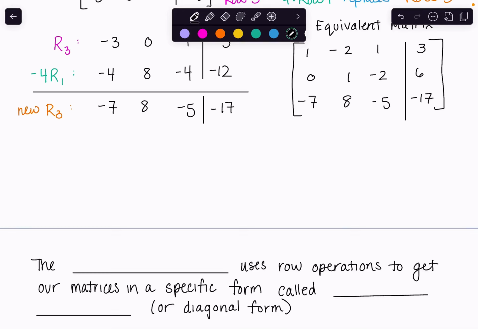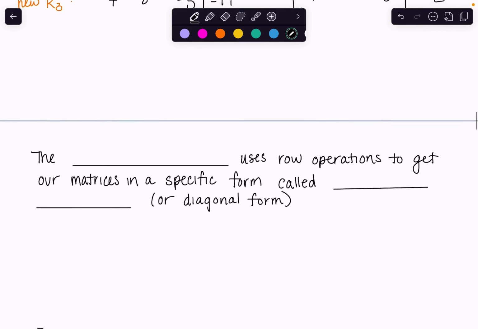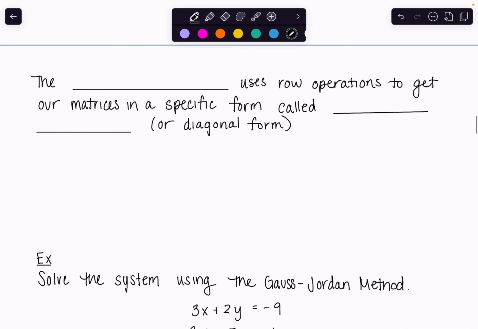So I'm going to show you two different methods. The first does have a specific name. The second is just a simplified version of it, like you don't have to do as many row operations. But our first is called the Gauss-Jordan method, so named after two mathematicians.